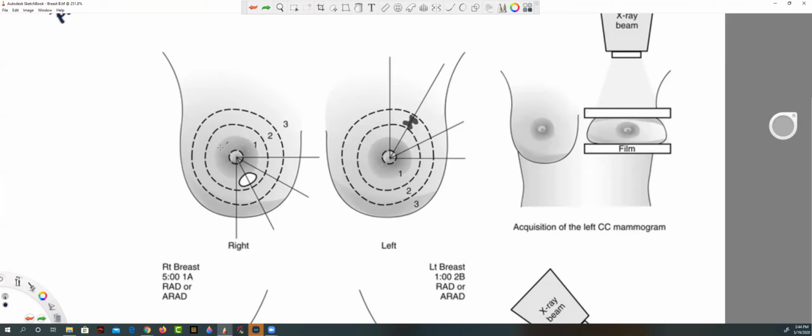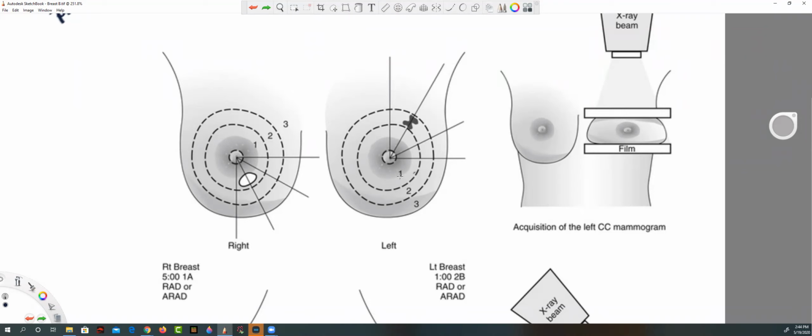In a circle, that's the area of 1. 2 is the middle. 3, we're now going all the way to the outside of the breast, medial, lateral, inferior, superior. We're not quite including axilla in this nomenclature.